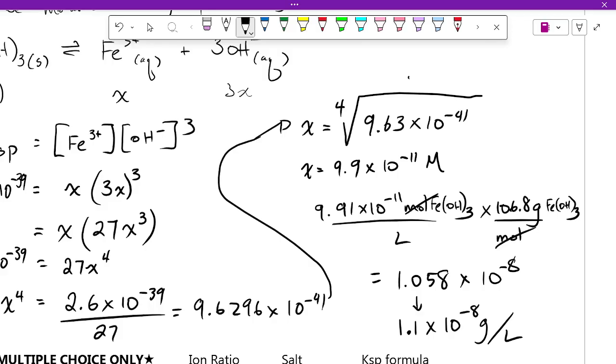Now, if you are doing a written response question, it would be expected for you to show all this work.